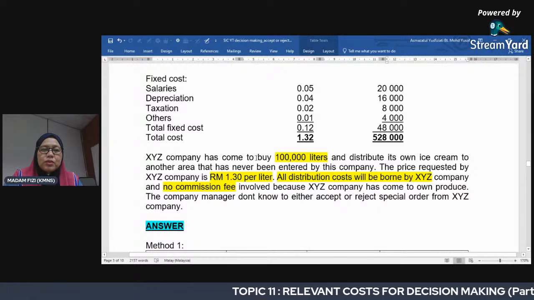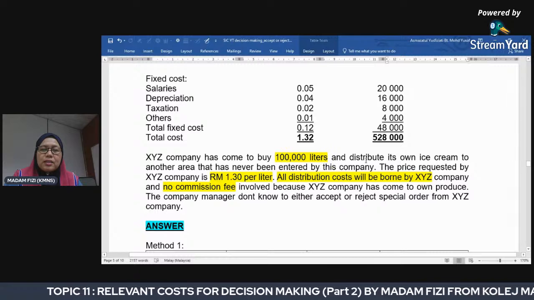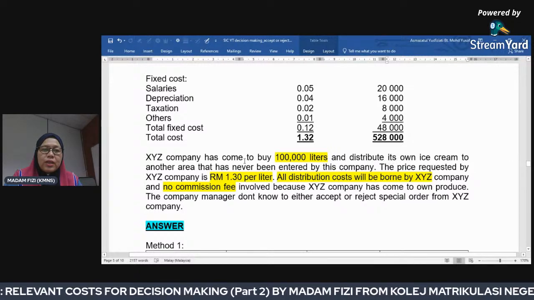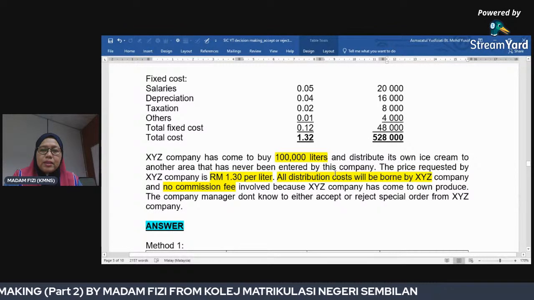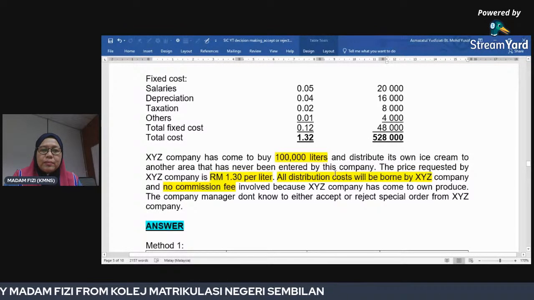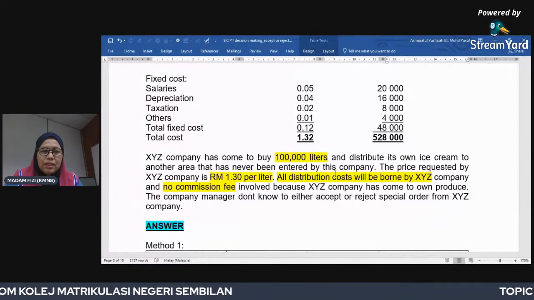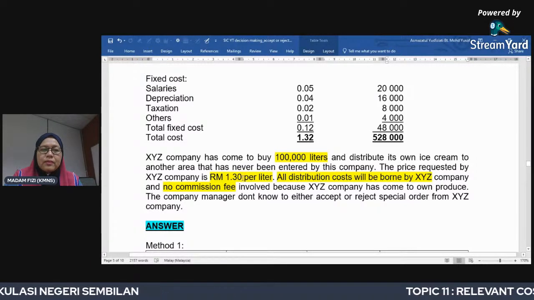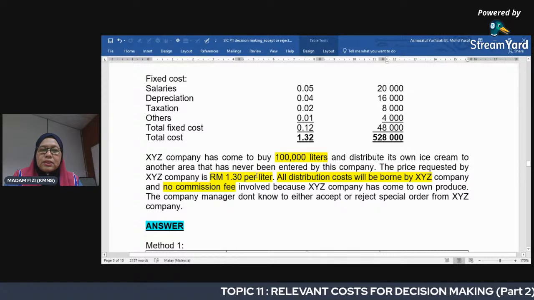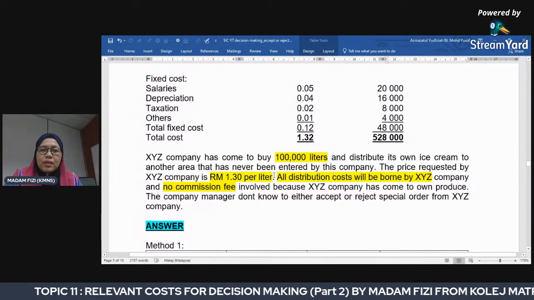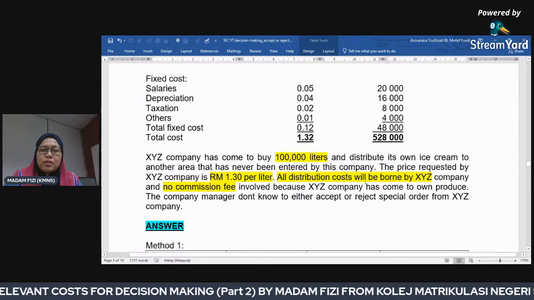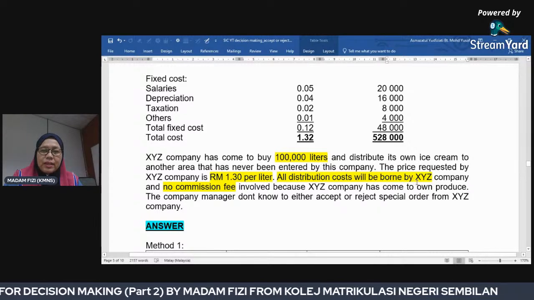XYZ company has to come to buy 100,000 liter and distribute its own ice cream to other area that has never been entered by this company. The price requested by the XYZ company is RM1.30 per liter. Okay, this is the special order. Okay, all distribution costs will be borne by XYZ.